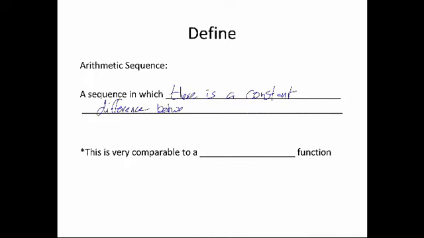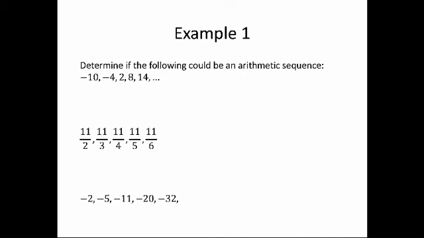So when we're saying constant difference, that means we're either adding the same value over and over again, or we're subtracting the same value over and over again. This is very comparable to a linear function, where you're just going up or going down at a constant slope. So let's take a look at a couple of potential examples to determine whether they are or are not.